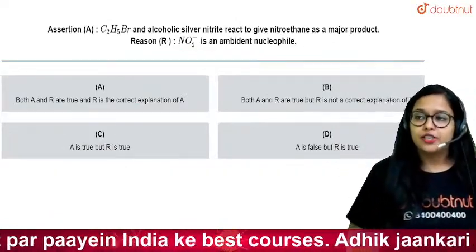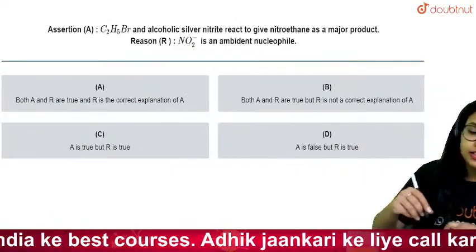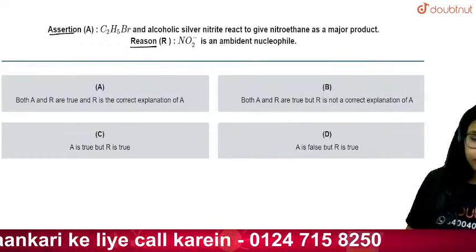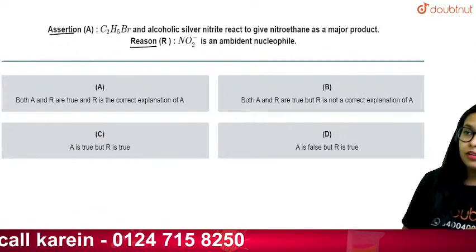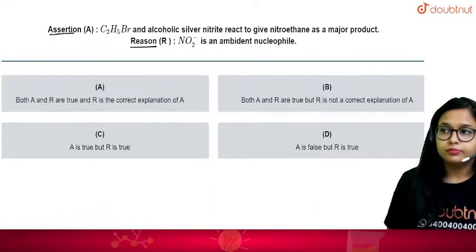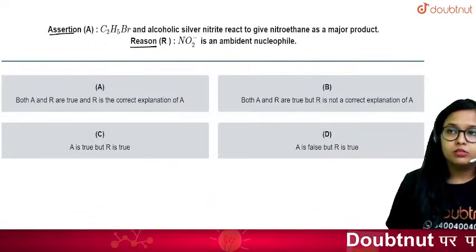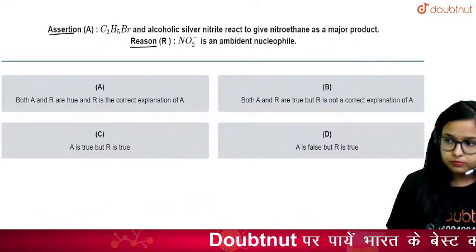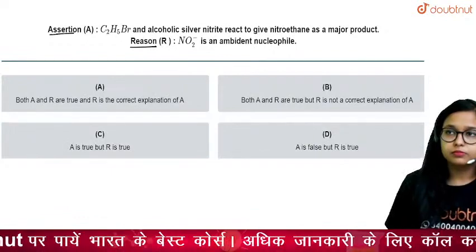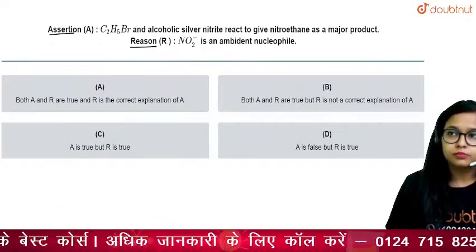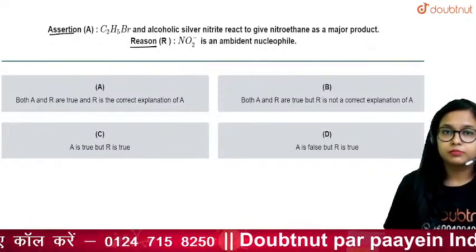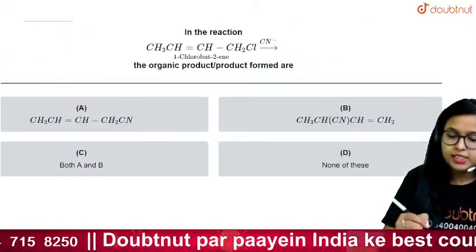So this is the first question. This is an assertion and reason type question, and you have to tell me the relation between A and R. Okay, so let's go to the next question.